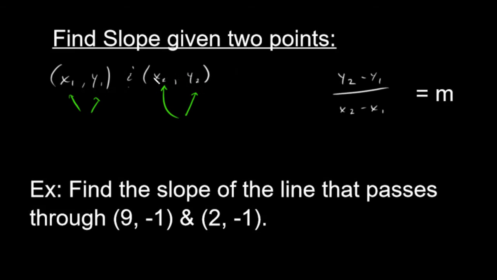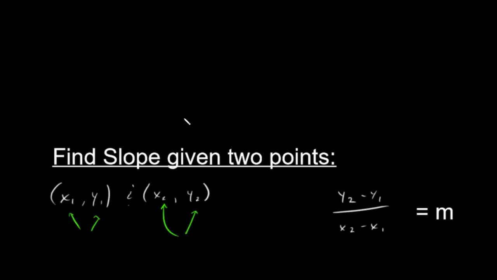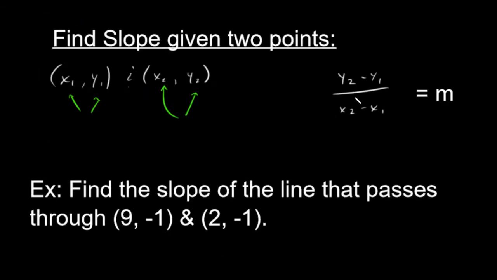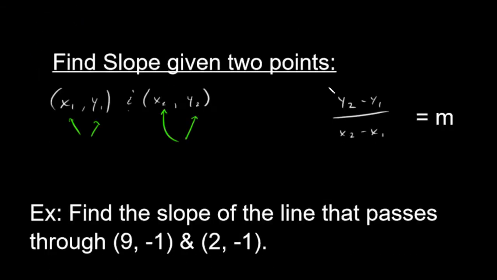All right, when you have two ordered pairs here, like we had two ordered pairs up here, the slope between those 2 points always follows this formula, and I'm sure you've heard of this. Y sub 2 minus y sub 1 over x sub 2 minus x sub 1. I'm sure you guys remember this from Algebra 1.